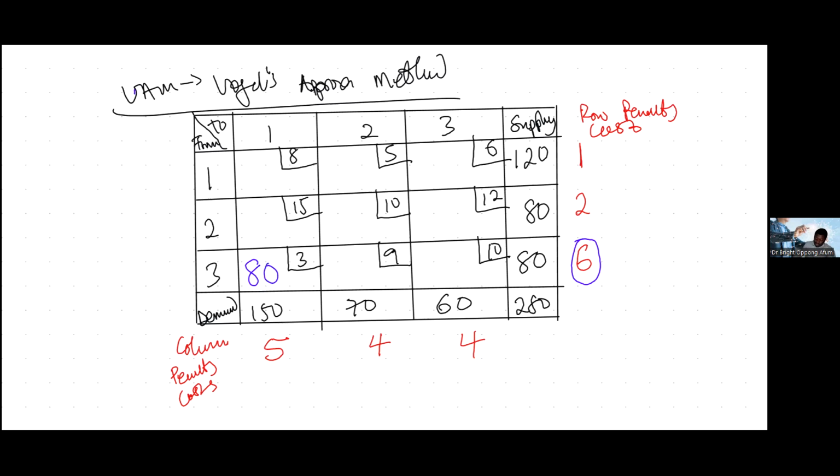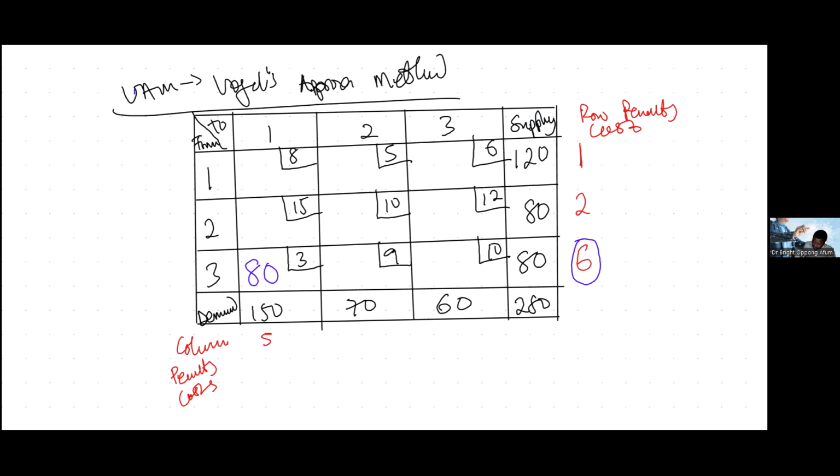All right. So when we allocate 80 here, then we go around again and calculate the column penalty cost and the row penalty cost again. So let me just delete and rewrite them again so that we'll get more space here.